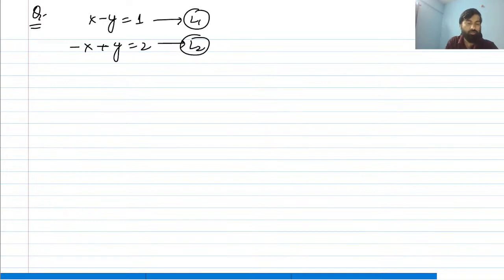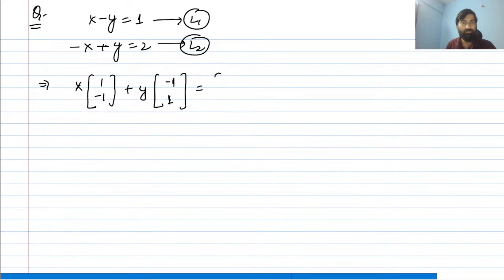Now you see, we have got two equations and two unknowns. The moment you see these equations, you can write them in this format: x times (1, minus 1) plus y times (minus 1, 1), and the right-hand side is (1, 2).